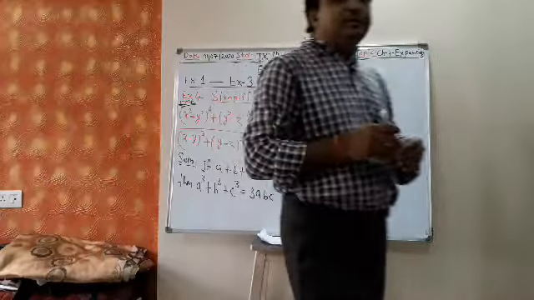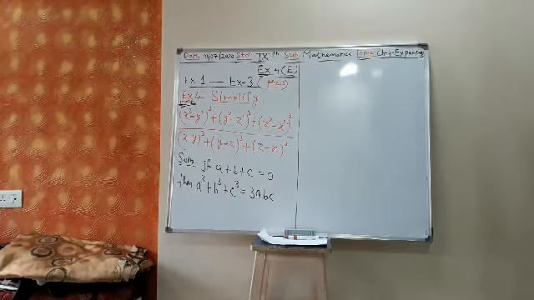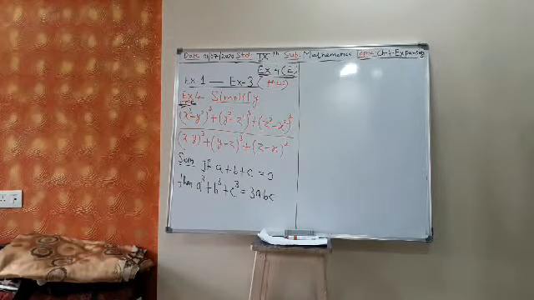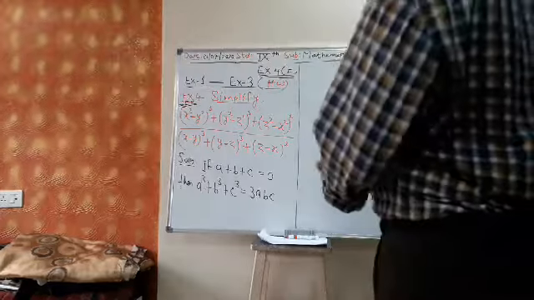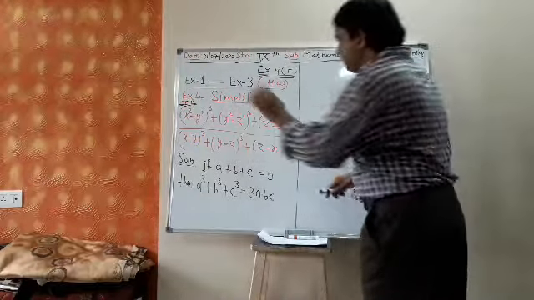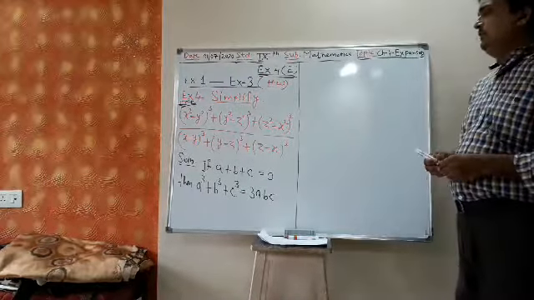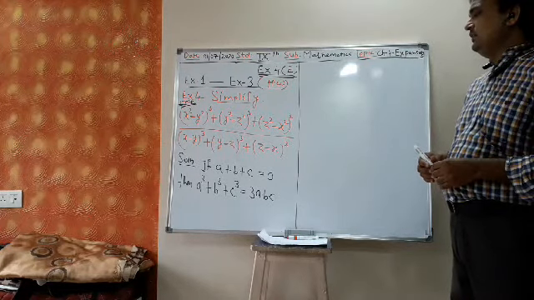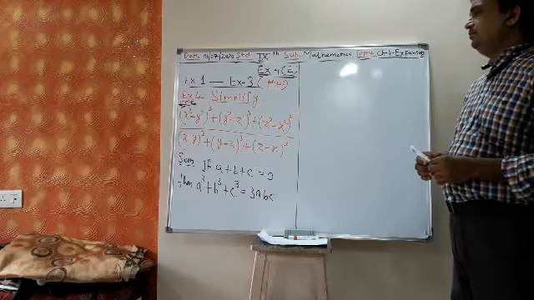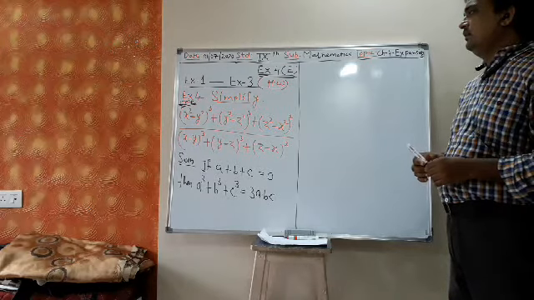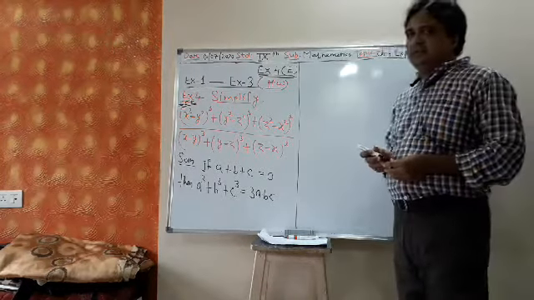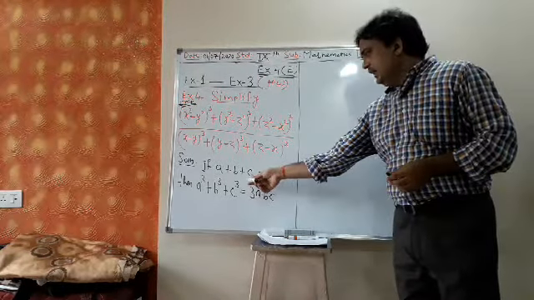If a plus b plus c is 0, then a cube plus b cube plus c cube is 3abc. This result I will be using. Is it clear?